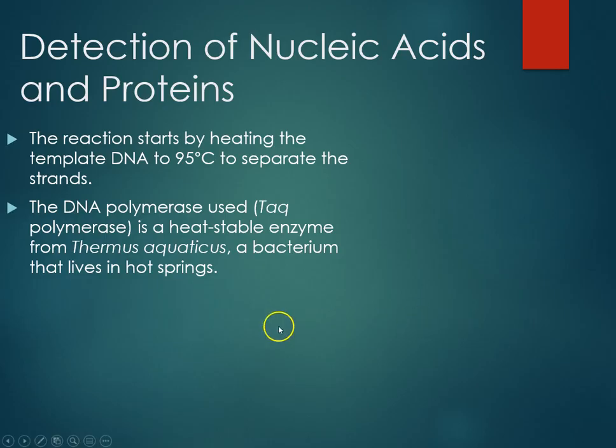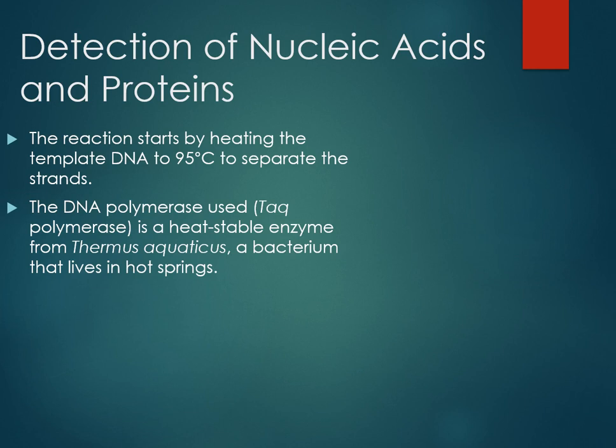Now, the PCR reaction starts by heating the DNA template to about 95 degrees to separate the strands. If you remember in DNA replication, you need to separate those strands and unzip that DNA. The DNA polymerase then has access to each strand and can add nucleotides based on complementary base pairing to the primer that you added.